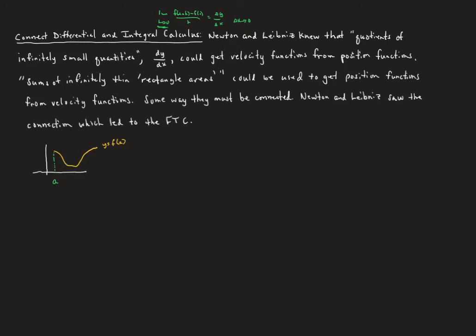So they knew of this way to go from position to velocity, and then maybe a different path to go from velocity to position. So some way they have to be connected. And Newton and Leibniz saw that connection, which leads to the fundamental theorem of calculus.